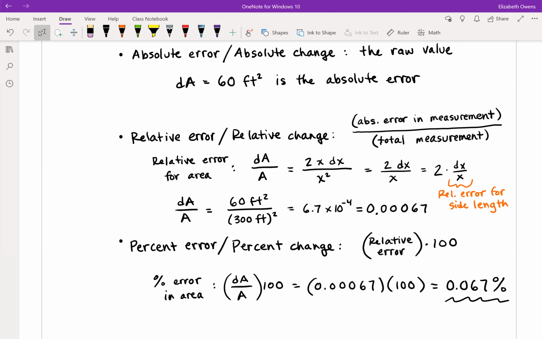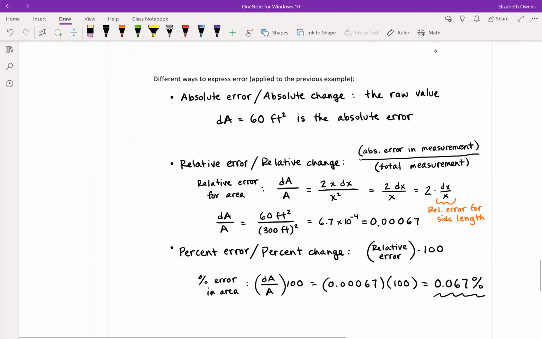So 60 square feet sounds like a lot, but relative to the size of this total land parcel, it's only 0.067%, so less than 0.1% here. So in the grand scheme of things, this error doesn't actually seem that huge. So that's why it can be useful to have different ways of looking at error.